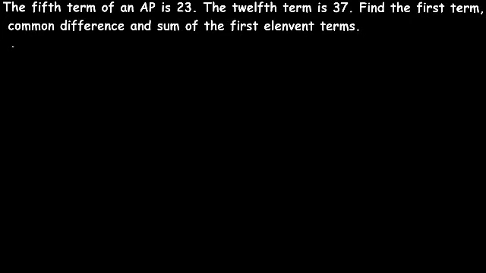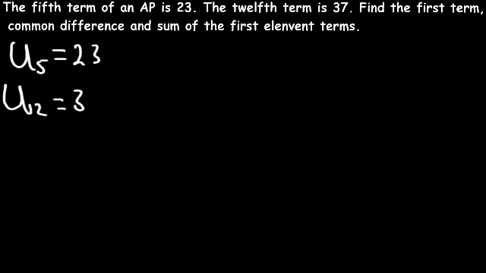According to the question, the fifth term, u sub 5, is 23. The 12th term, u sub 12, is 37. So we need the first term, we need the common difference, then we need S of 11.